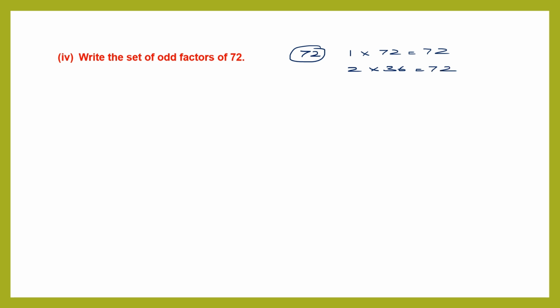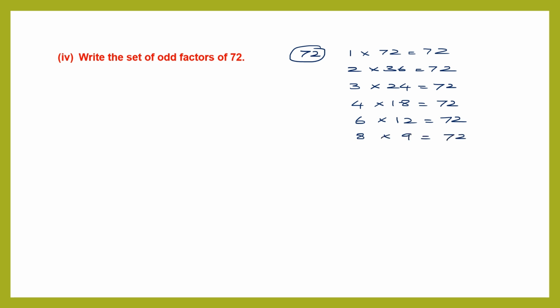Now it is divisible also by 3. 3 into 24 is 72. It's also divisible by 4. 4 into 18 is 72. Then it's divisible by 6. 6 12s are 72. Then after 6 it doesn't go in 7, so we go to 8. 8 9s are 72.